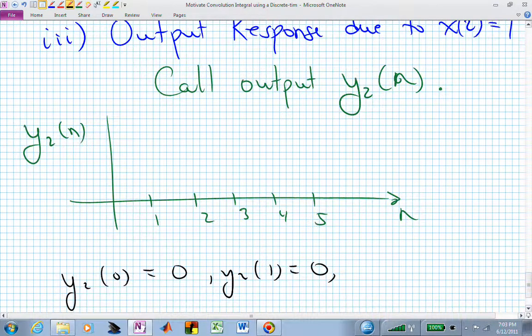The first non-zero response is going to be occurring exactly when the input is applied in terms of time, and that time was at n equal 2. At n equal 2, we are going to obtain then our y sub 2 at time 2, which is going to be x of 2 scaling the pulse response the instant the input is applied, which is h sub 0.